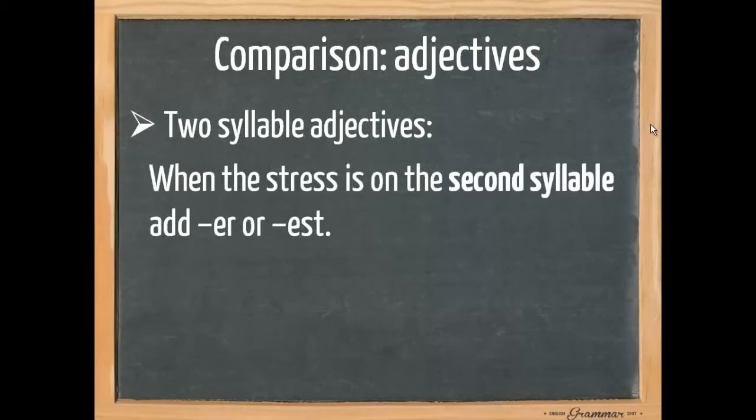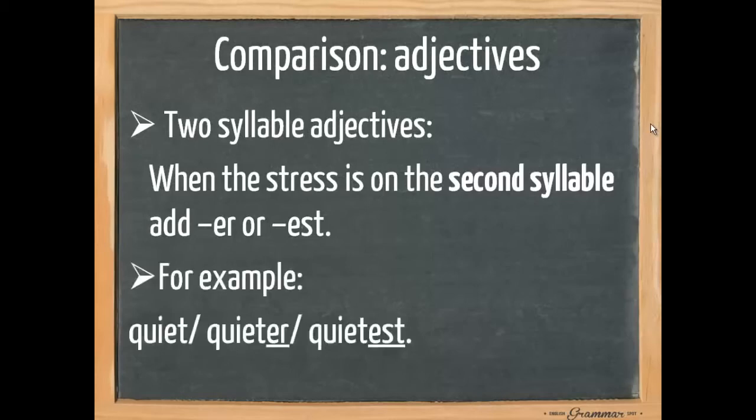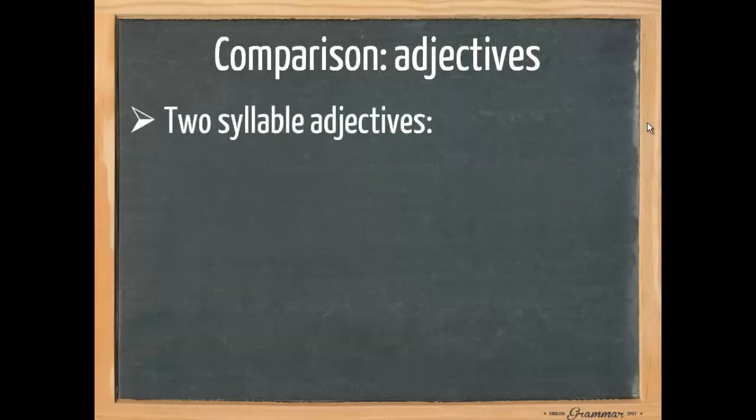When the stress is on the second syllable, we add ER or EST to the adjective. For example, quiet, quieter, quietest. The stress in quiet is on the final syllable, quiet. So we add ER and EST. Quiet, quieter, quietest.